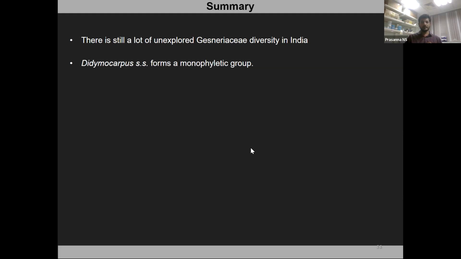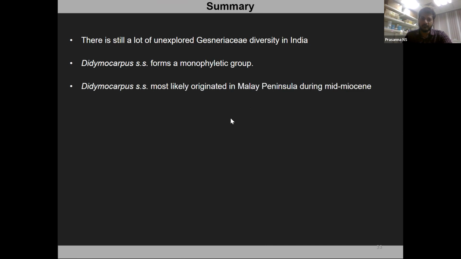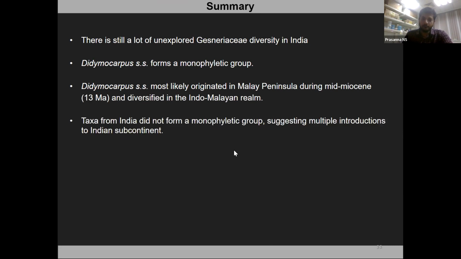So just to summarize, there is still a lot of unexplored diversity of Gesneriaceae in India, and we used Didymocarpus as a model to understand what is going on in this group. Didymocarpus sensu stricto forms a monophyletic group. It mostly originated in the Malay Peninsula during the mid-Miocene and diversified further in the Indo-Malayan region.